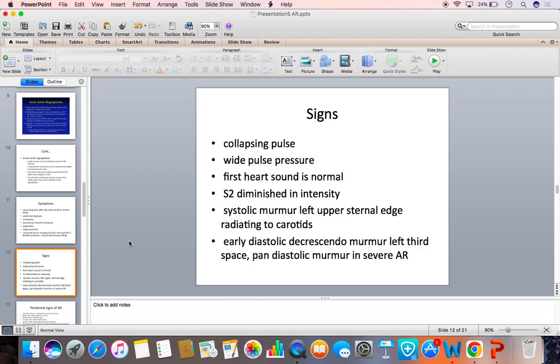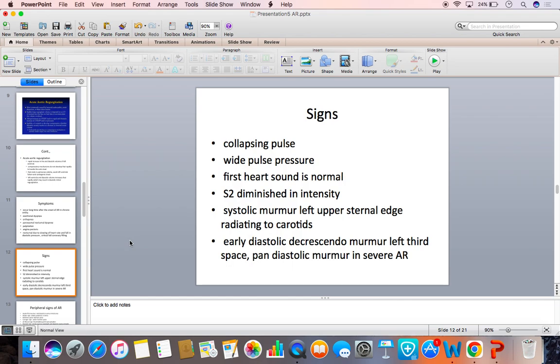Coming to the signs: collapsing pulse or water hammer pulse, wide pulse pressure, first heart sound is normal, second heart sound is diminished in intensity or loud.